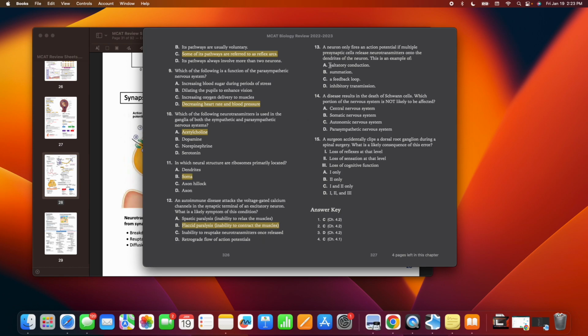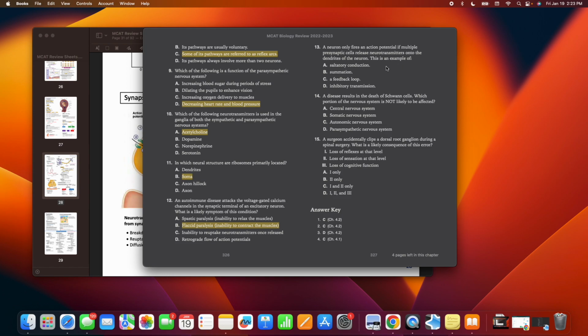A neuron only fires an action potential if multiple presynaptic cells release neurotransmitters onto the dendrites of the neuron. This is an example of... So the neuron is only firing action potentials if multiple presynaptic cells release neurotransmitters.